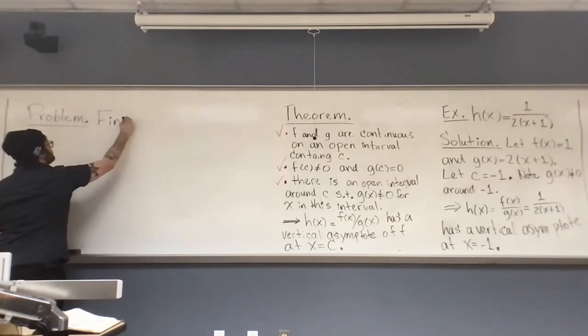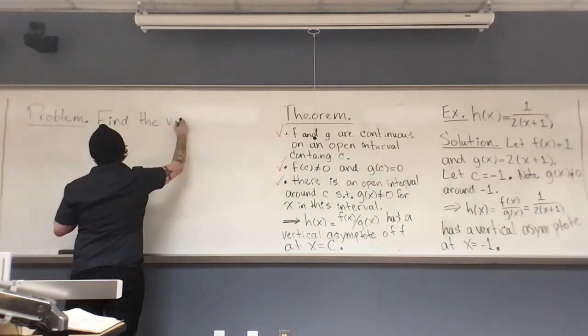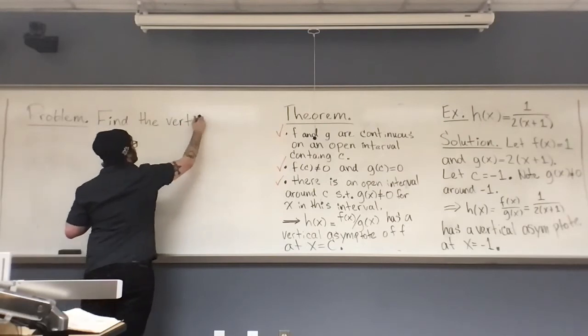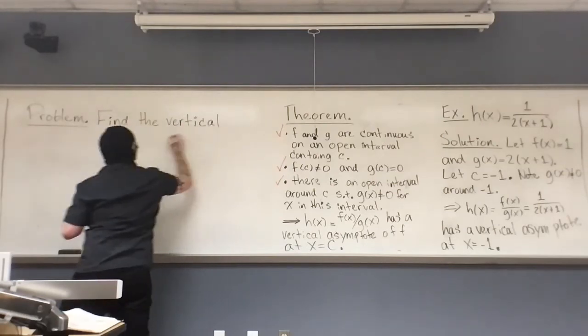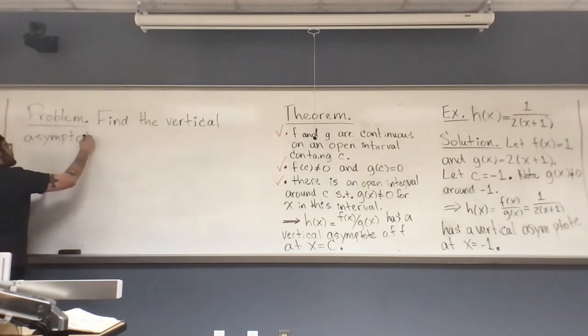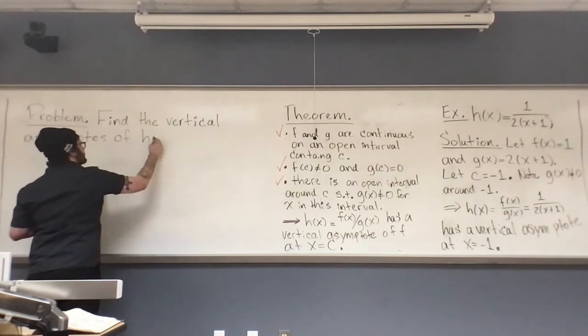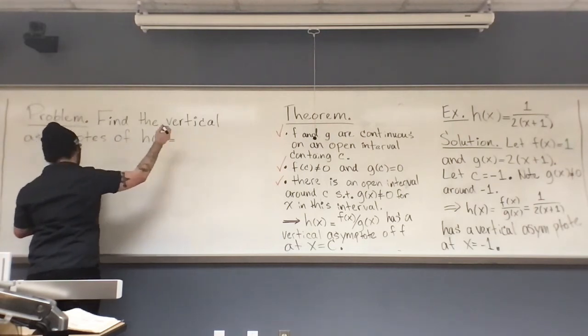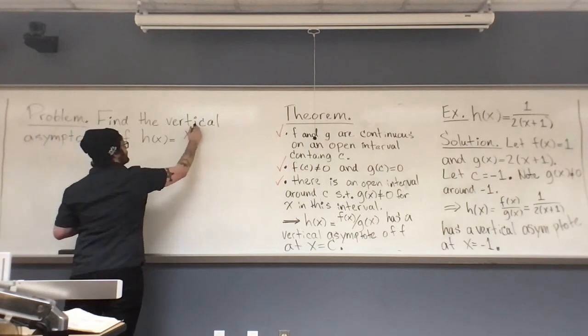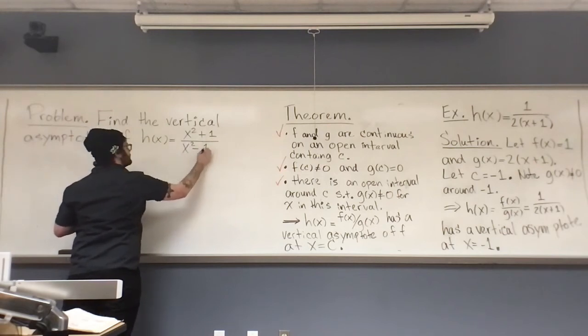Find vertical asymptotes of h of x equals x squared plus 1 all over x squared minus 1.